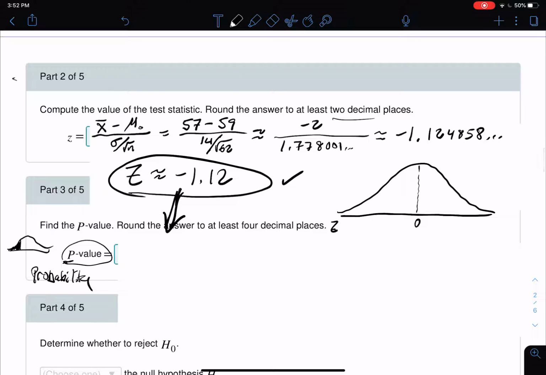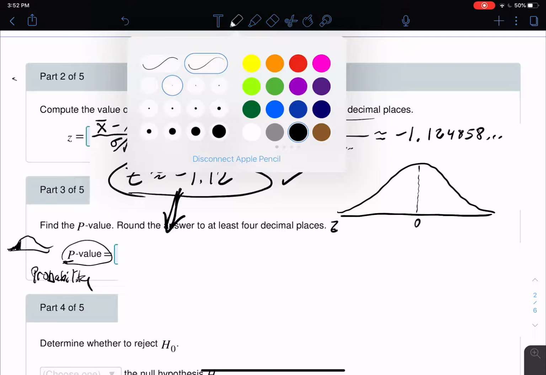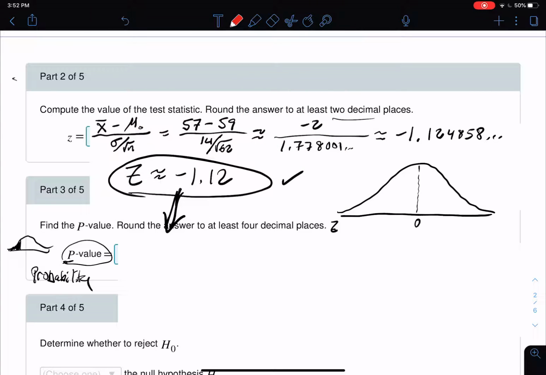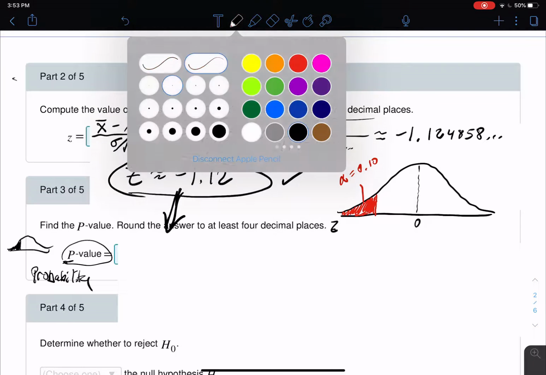They told us they're going to use a significance level of 0.10. So once again, alpha is 0.10. Which means what?